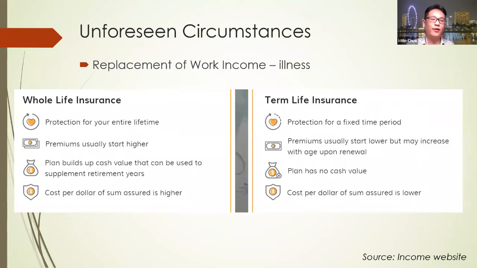So if you want to be insured for replacement of work income, touch wood, if you get that illness and you want one lump sum, you can consider either whole life insurance or term life insurance. Once again, these are the insurance to protect against this requirement.